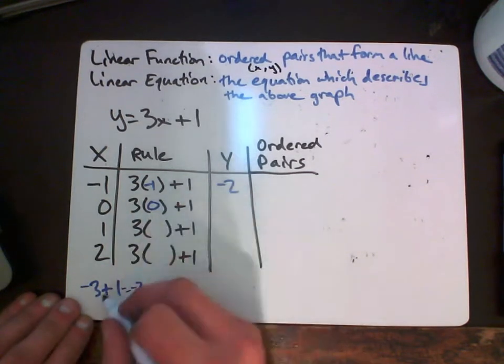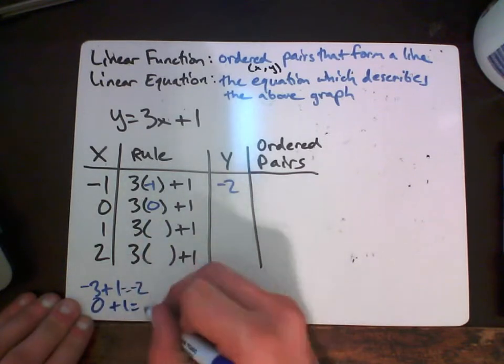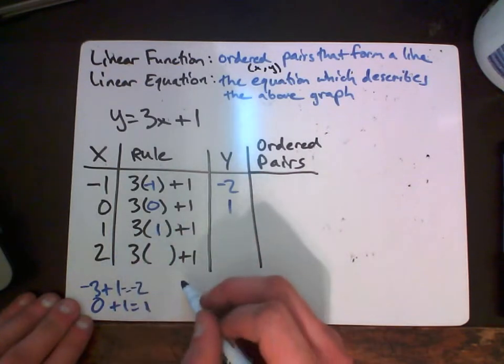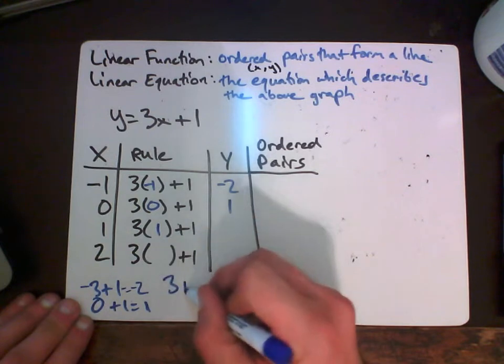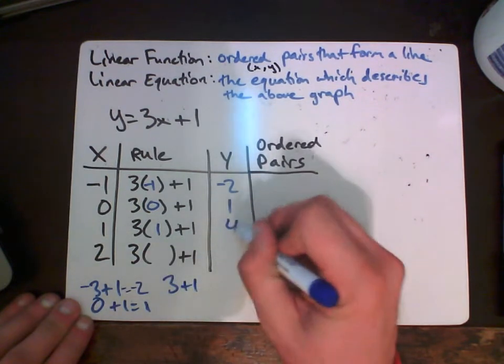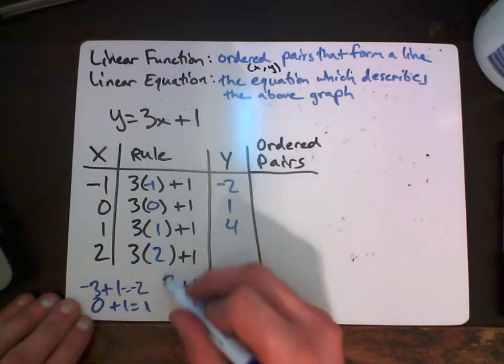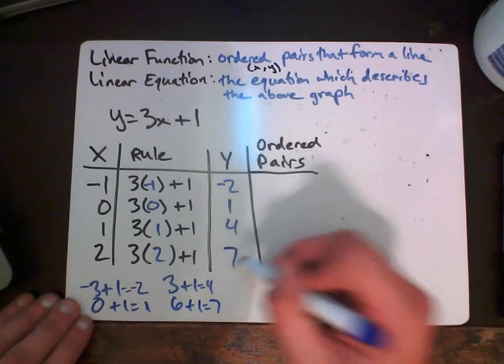Next, plug in 0. 3 times 0 is 0. 0 plus 1 is equal to 1. Plug in 1. Gives me 3 plus 1, or 4. And finally, 3 times 2, which is 6, plus 1 gives me 7.